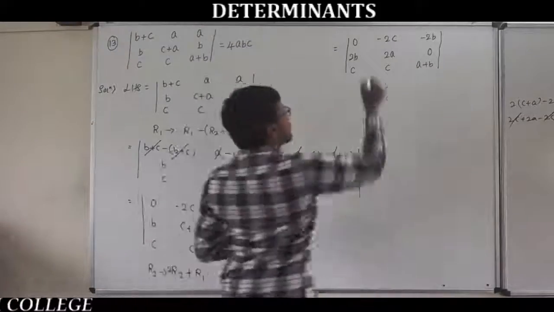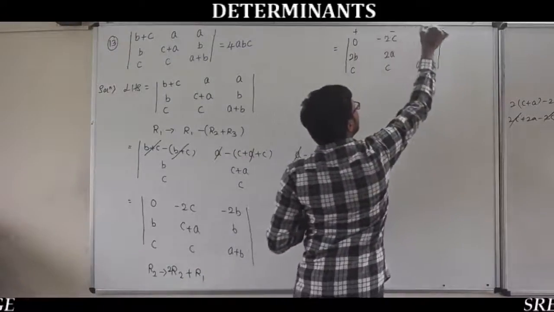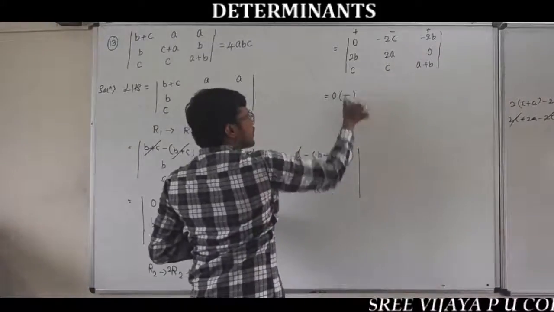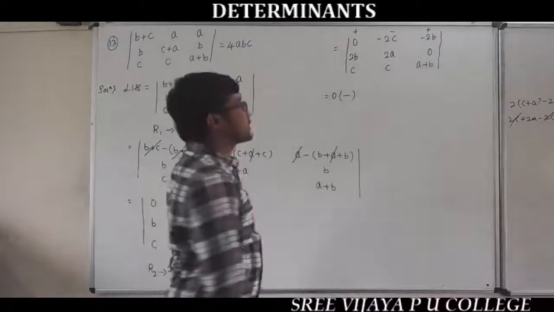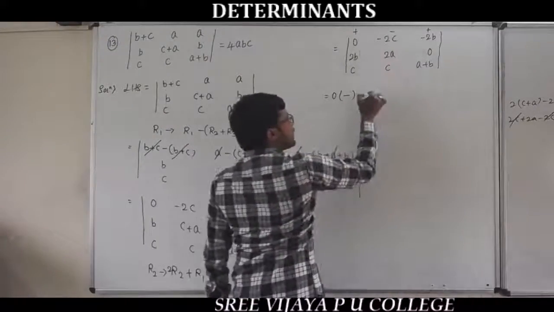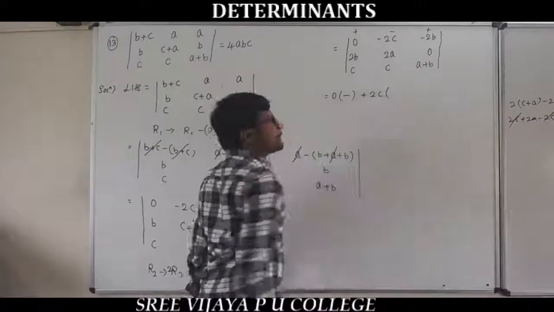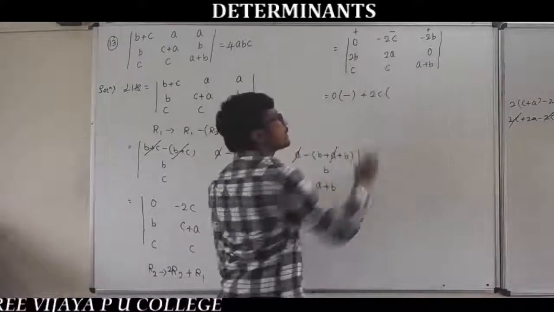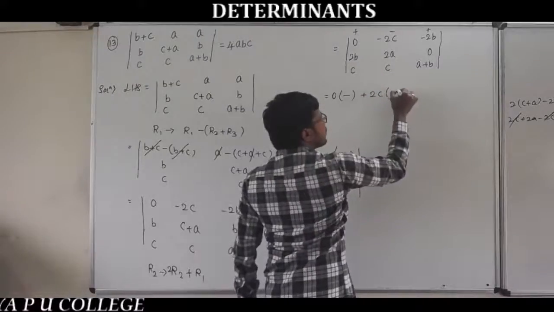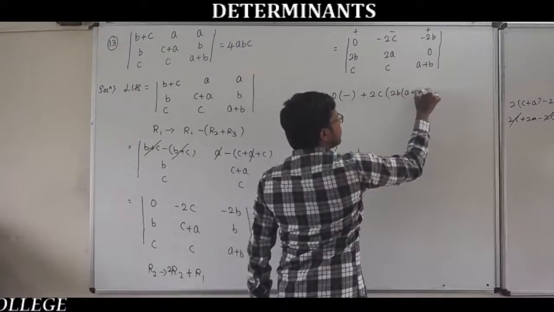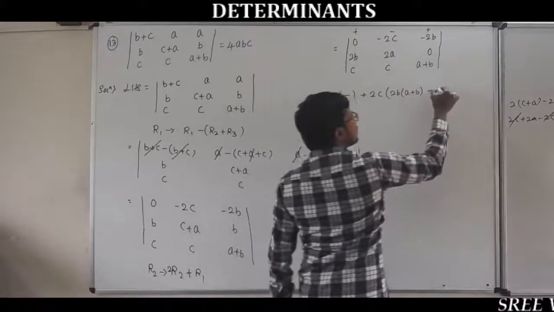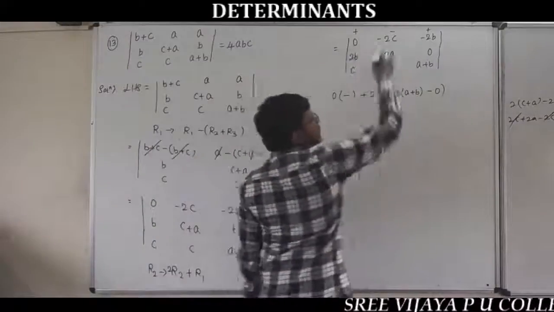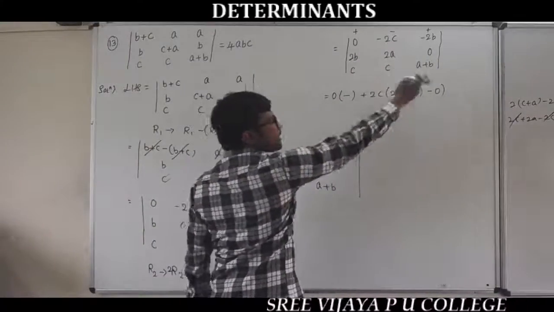So we will just explain normally. We apply the elementary operation and nothing else changes. So plus, minus, plus. The first element: when we multiply 0, it becomes 0. Next element, minus into minus, plus 2C. For this you can leave the first row, second column: 2B into A plus B, minus 0 into C, which becomes 0. So for the 2C, leave the first row, second column: 2B into A plus B, minus 0.